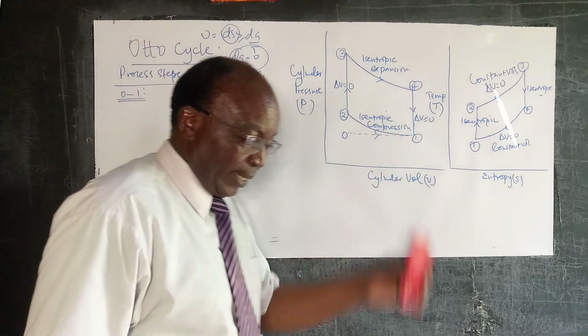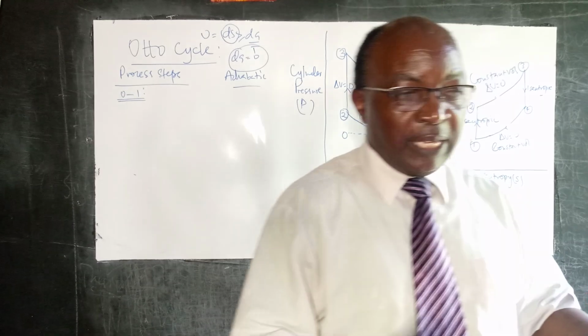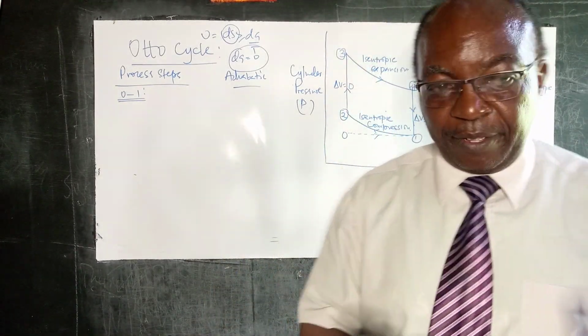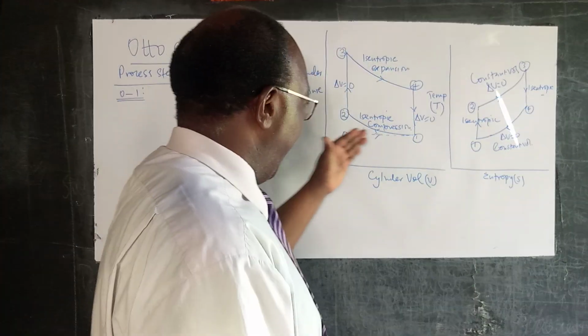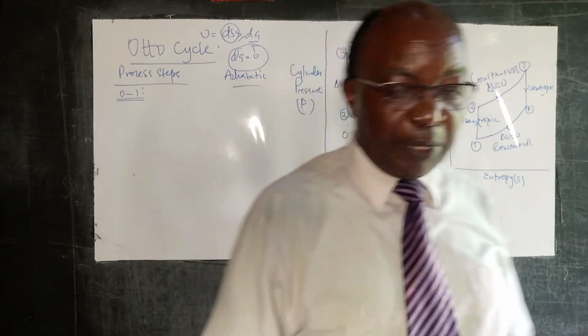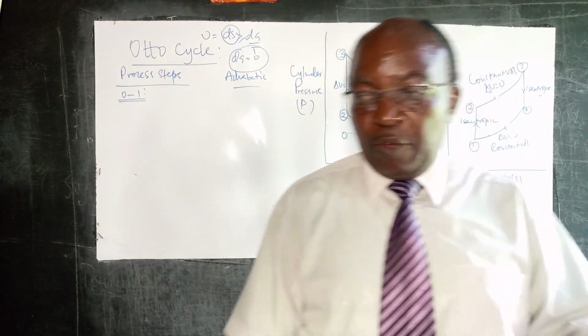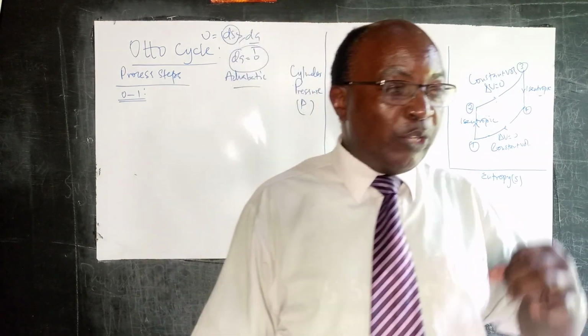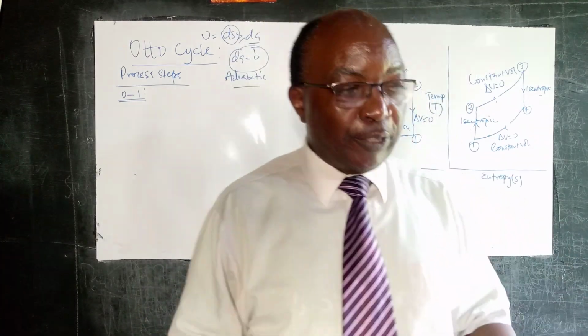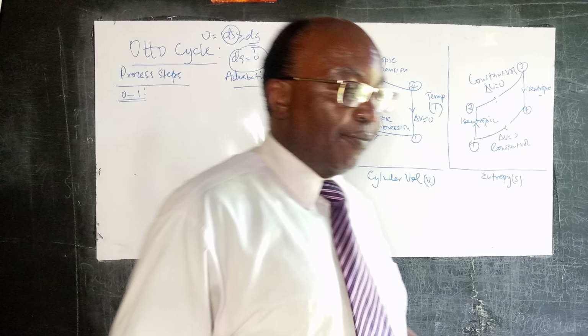At that particular point, we have the intake valve open, and there's intake of air into the system. Because remember, there's going to be a fuel-air mixture, which will be ignited, and of course, then there will be combustion. Don't forget that.